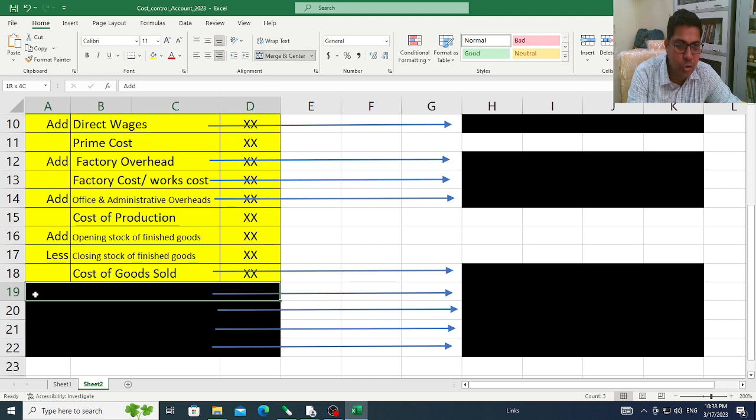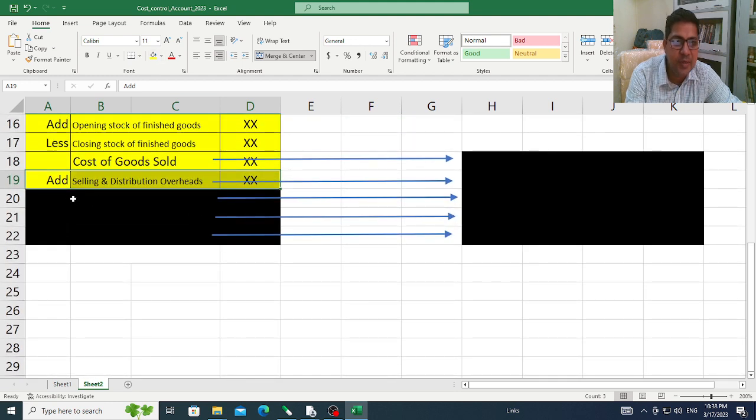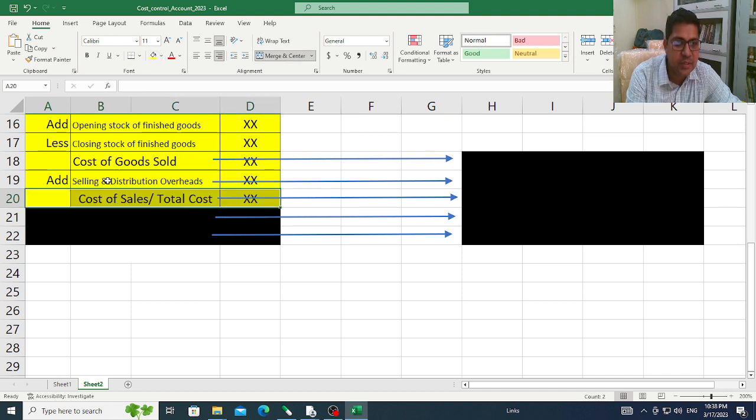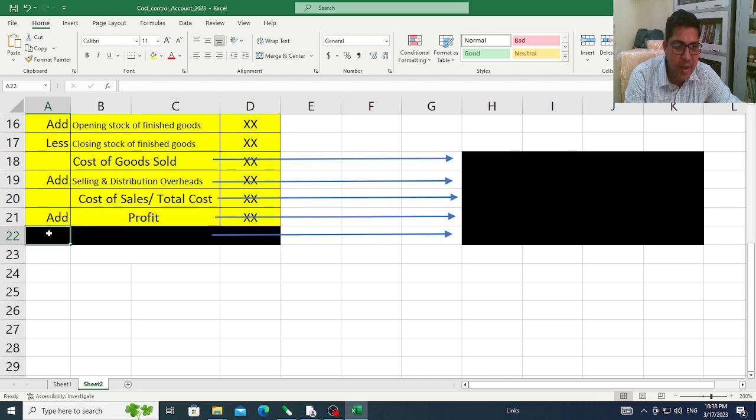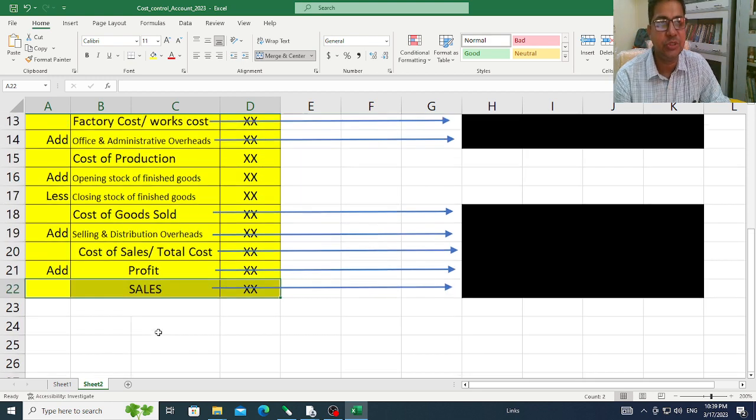After that we add selling and distribution overheads. The amount that comes is considered the cost of sales or total cost. After getting this total cost, we add profit, and we get the sales value or selling price. So friends, you already studied such cost sheets, and this is the format of the cost sheet.